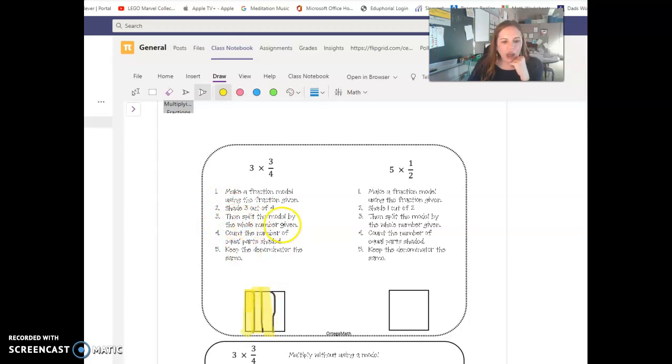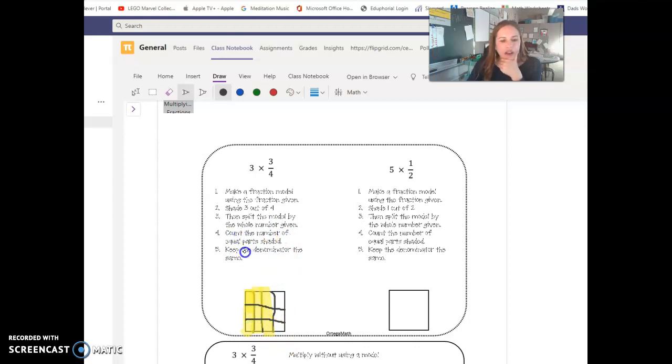Then split the model by the whole number given. Well, we're going to split it into 3. We're going to make 3 equal groups. Well, how could I do that? Just like when we were adding and subtracting fractions, we are going to divide it into thirds. So let's do 1 and 2. That gives us 1, 2, 3 groups.